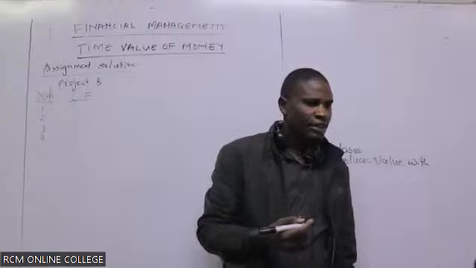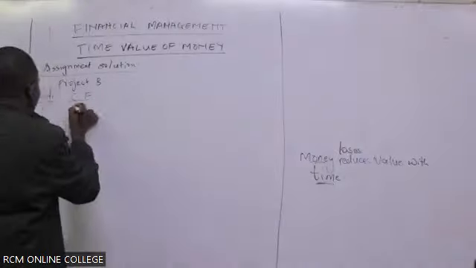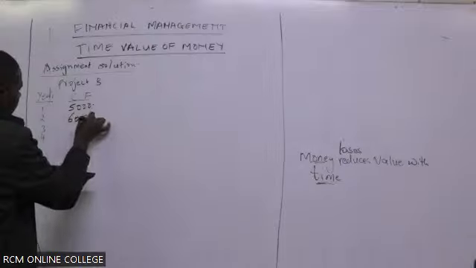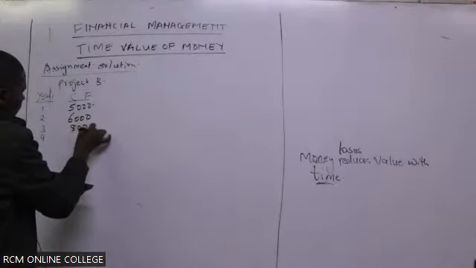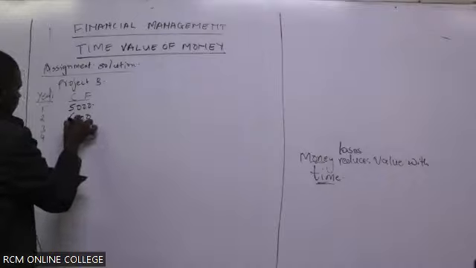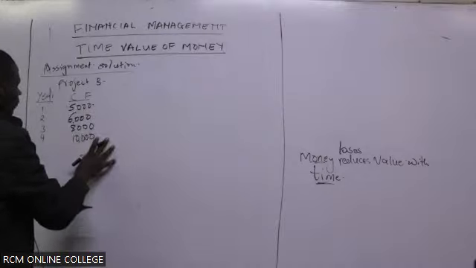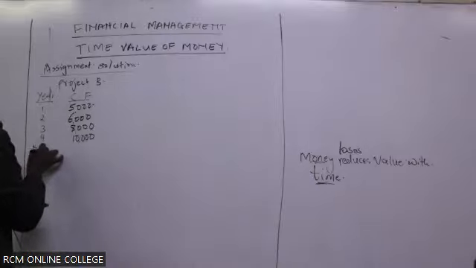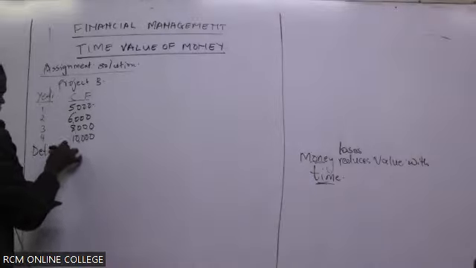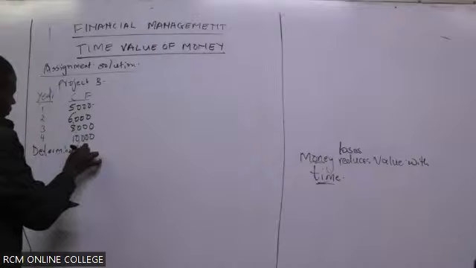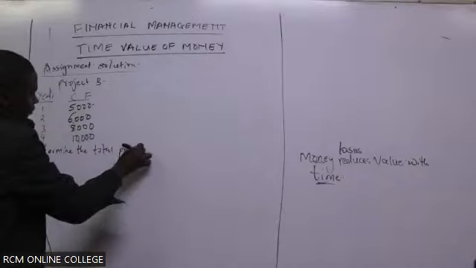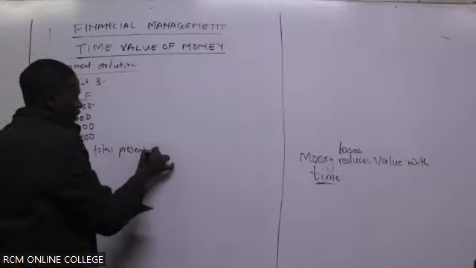5, 6, 8, and 10. Thank you. So these are cash flow. And you are required to determine the total present value.